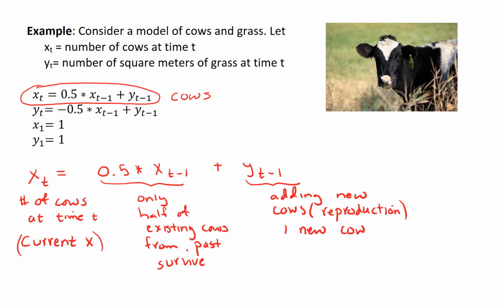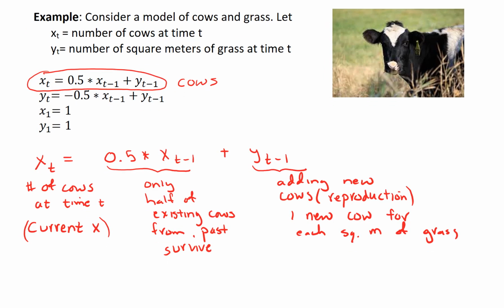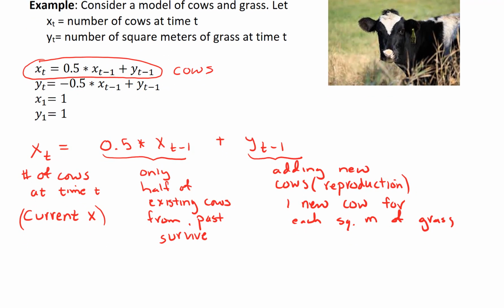For each y sub t minus 1, you're going to add in a new cow. So the number of cows at time t, our current x, is a function of the past: half of the x's from the last time step plus all of the y's in the past time step, and that's kind of like food or reproduction, some sort of measure there. Now let's take a look at our other equation.